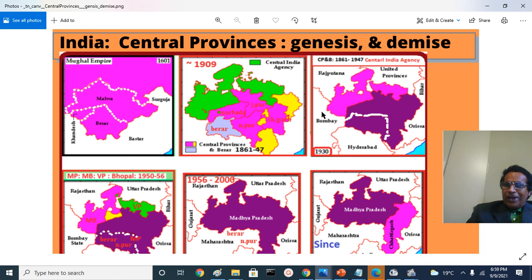Further, it gained in 56 Vindhya Pradesh, northern Bundeli speaking and Bagheli speaking, essentially centered around Rewa, and around Tikamgarh, Chhatarpur and Panna. And it gained Bhopal, it gained Madhya Bharat, that is Indore, Dewas, and Gwalior, Morena, Shivpuri, Guna, Shajapur and Rajgarh region.